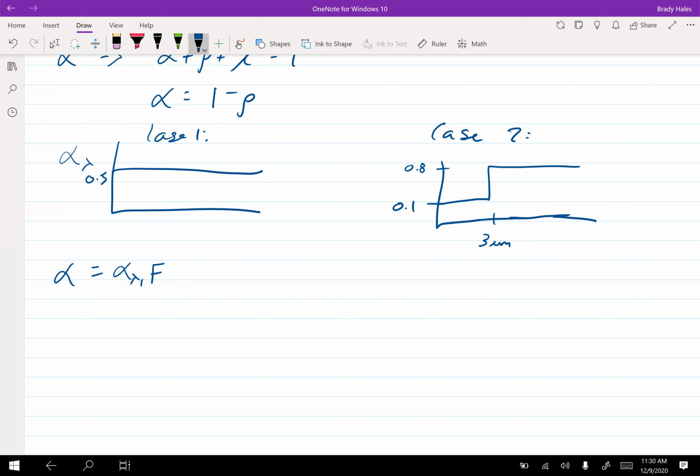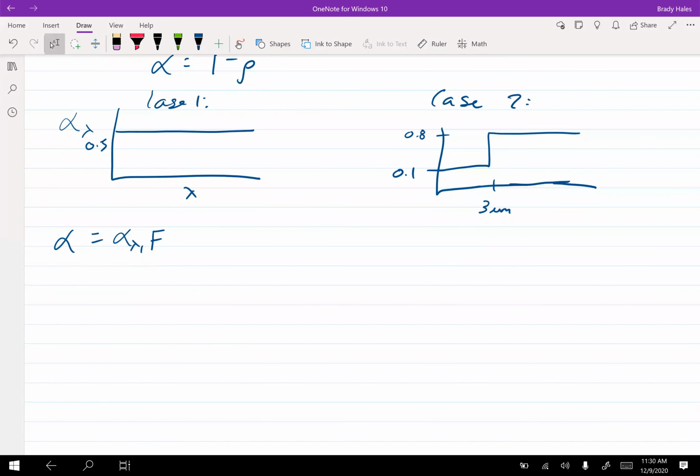If we used the same approach as for case 2, this would be alpha lambda 1 times f from 0 to infinity. Fractional functions tell us the fraction of power emitted in a band for a given body, so it can never be greater than 1, and integrating from 0 to infinity gives 1. So alpha is equal to alpha lambda 1, which is 0.5.